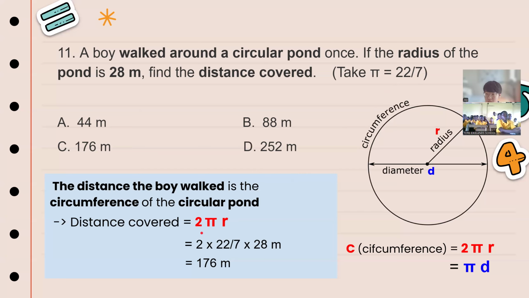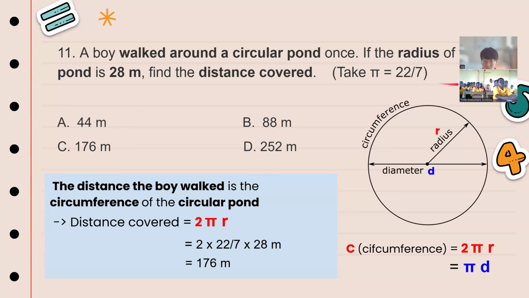Can you calculate what 2 pi r is if we take pi to be 22 over 7? So I was saying that the distance covered is 2 pi r, and 2 pi r is the formula for what's called the circumference.